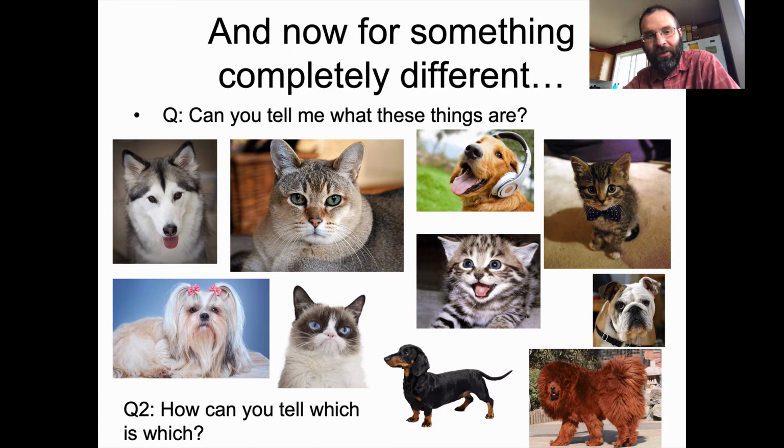And if so, can you tell me what that is? There might be something, maybe; the cats have pointy ears, but then this dog has pointy ears too. Maybe something in the eyes. There's something there, right? But when you stop and think about it, it's hard to put your finger on what exactly it is.